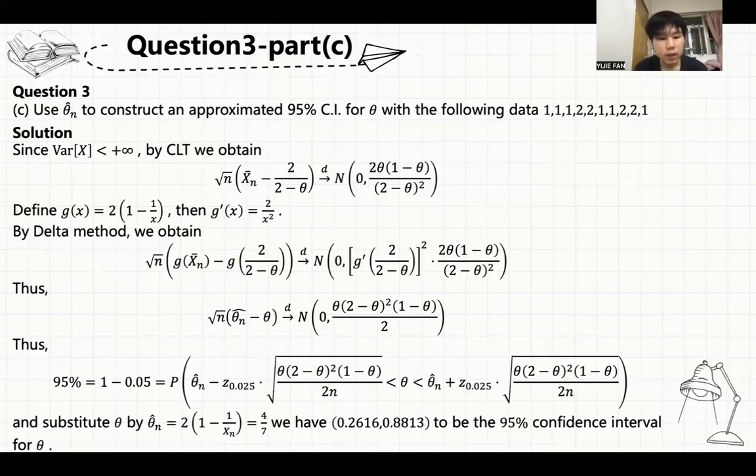And we substitute theta by theta n hat. Now we have this interval to be the 95% confidence interval for theta.